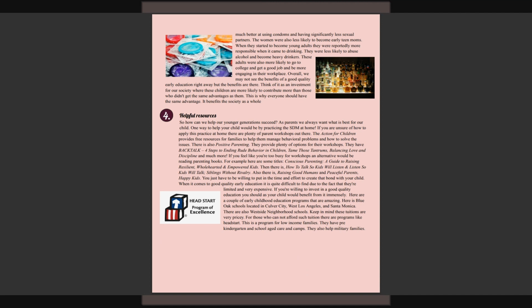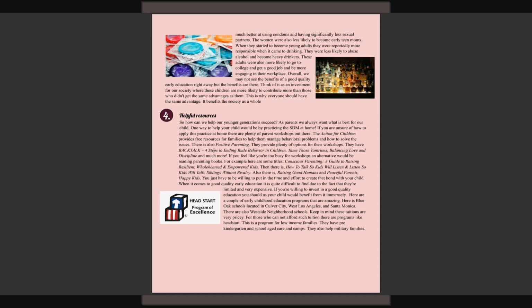So some helpful resources are listed in the reference page, but I'm going to go ahead and go through them. The first step would be to practice the SDM model at home. If you are unsure of how to apply this practice at home, there are plenty of parent workshops out there.